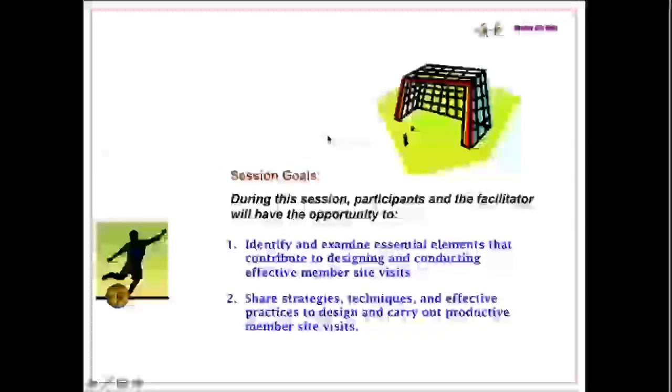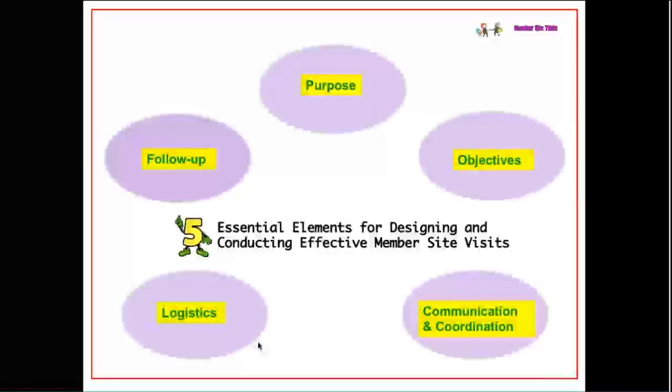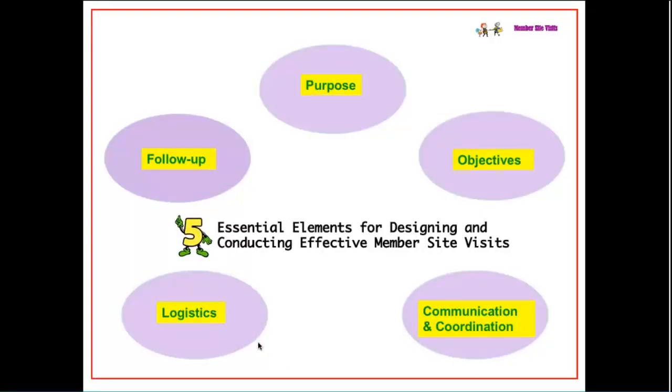As we said, those were what we were talking about as our objectives for today's conversation: to identify and examine those 5 essential elements, and then share strategies and ways to do that. There may be more that you come up with in your own situation, but I am suggesting at least these 5 pillars. Purpose for the site visit: why am I doing this?